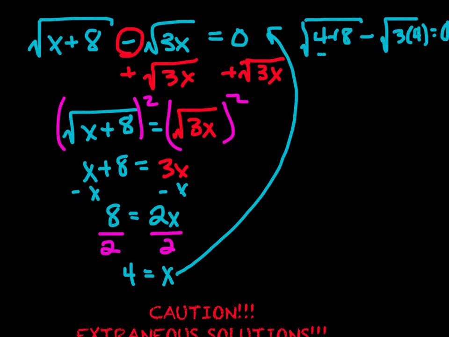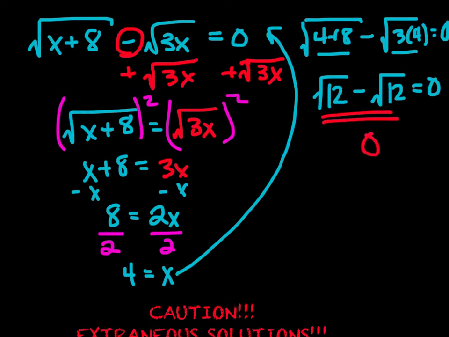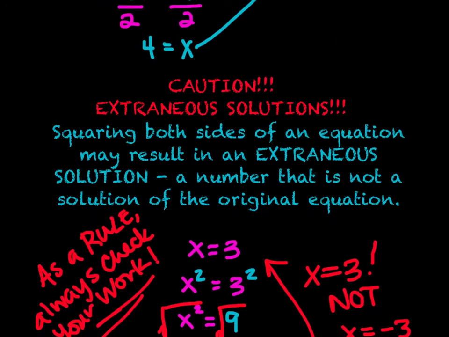The square root of 4 plus 8 is the square root of 12, minus the square root of 3 times 4, which is the square root of 12. The square root of 12 minus the square root of 12 will equal 0. So 0 is equal to 0, and that is awesome. It checks out. It works. So do subtract something first before you start squaring both sides.